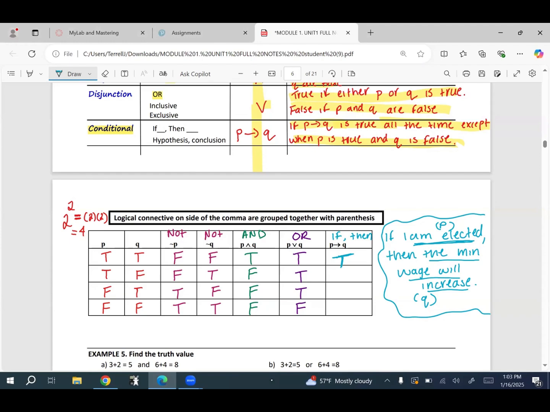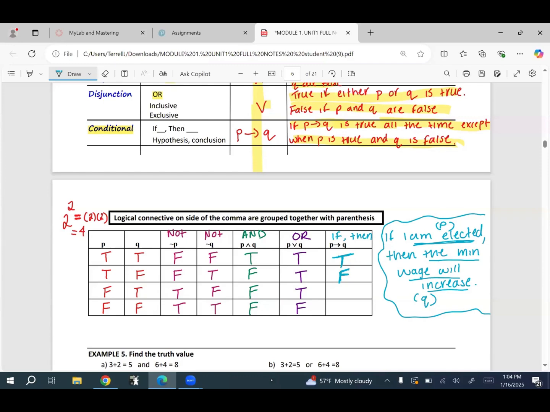P is true and Q is false. So the person got elected. That's what P is true means. But despite being elected, the minimum wage did not increase, right? That did not happen. That's what Q being false means. This is a scenario where the promise did not occur. He or she did not make good on the promise. So this is false.